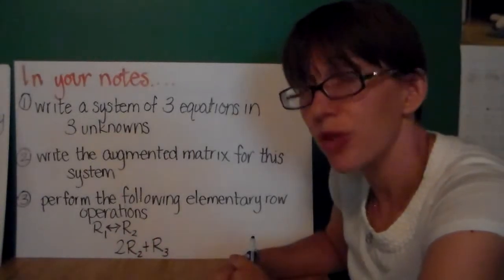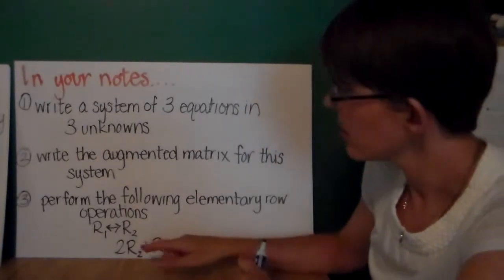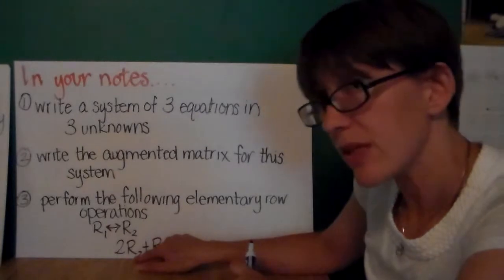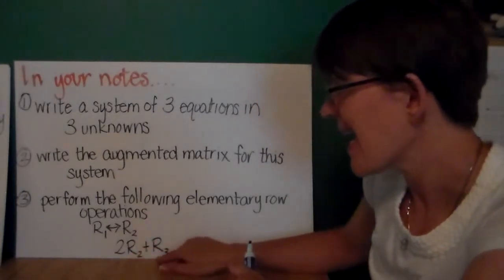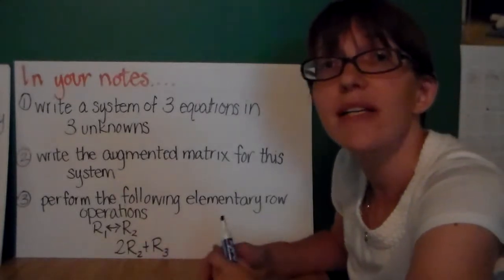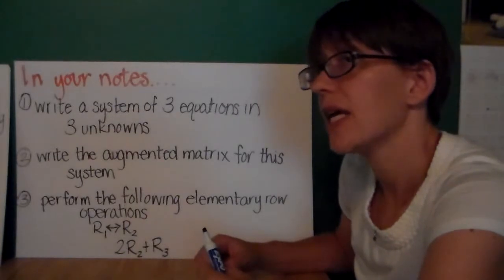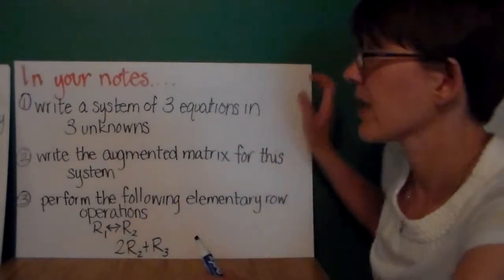Swap row 1 with row 2. Then, using that answer, multiply what's in row 2 by 2, add it to row 3, and write your answer in row 3. Write down the final answer that you get, because in class we're going to trade and discuss.